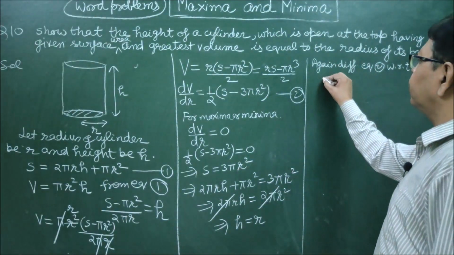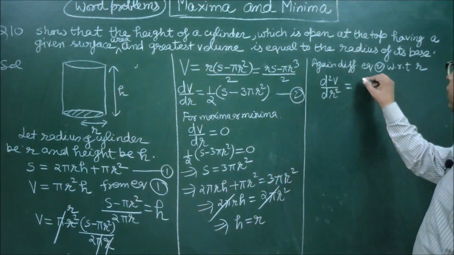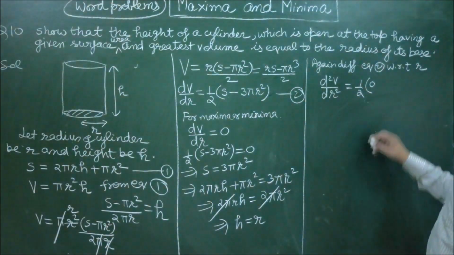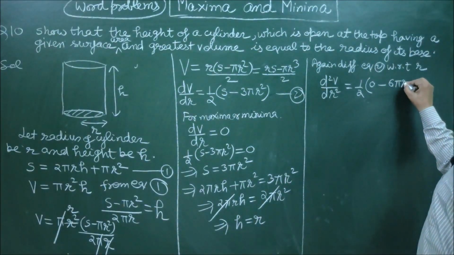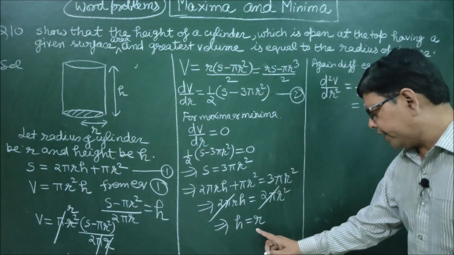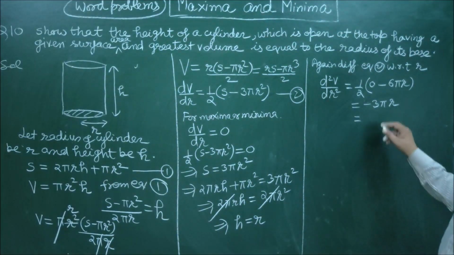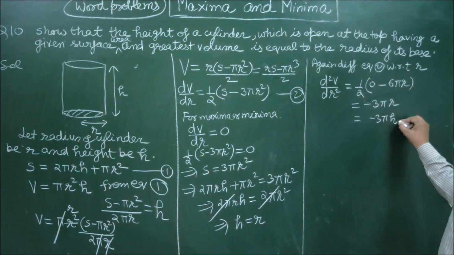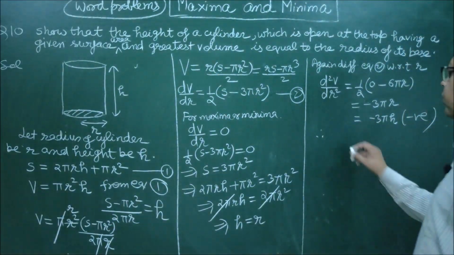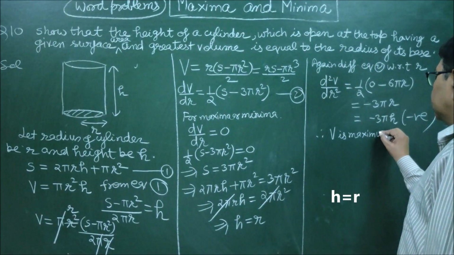So d square V over dr square will be equal to half into the derivative of S, which is 0 because it is treated as a constant, minus 6 pi r, which is equal to minus 3 pi r. Now if we put the value of r is equal to h, then this will be equal to minus 3 pi h, which is a negative quantity. This is negative, therefore volume is maximum when h is equal to r.